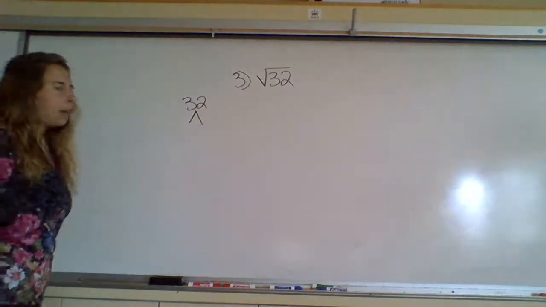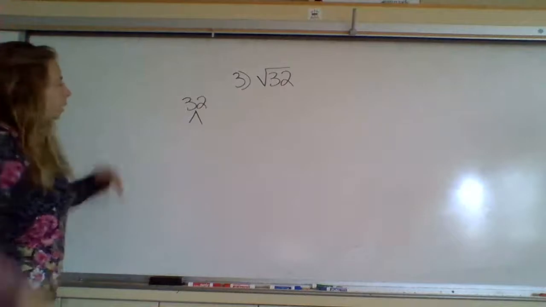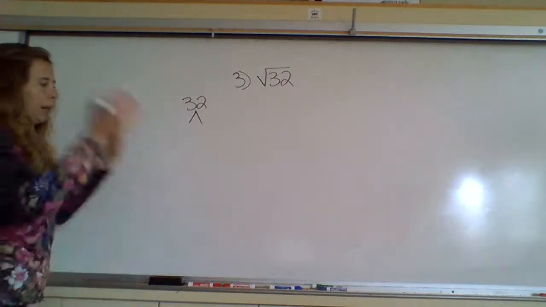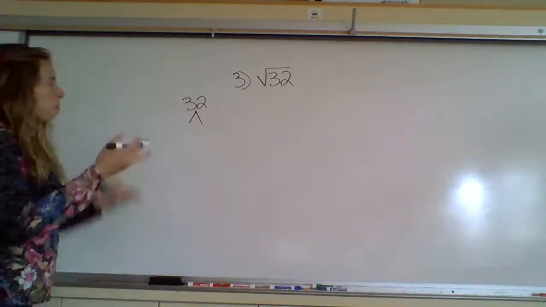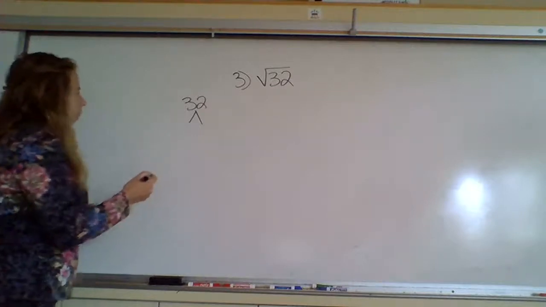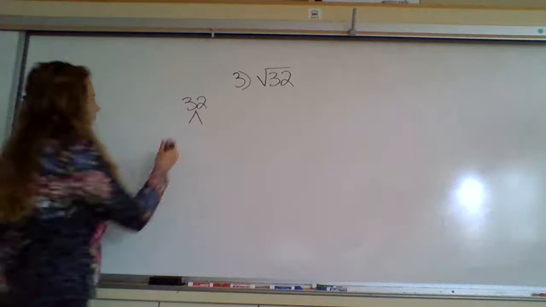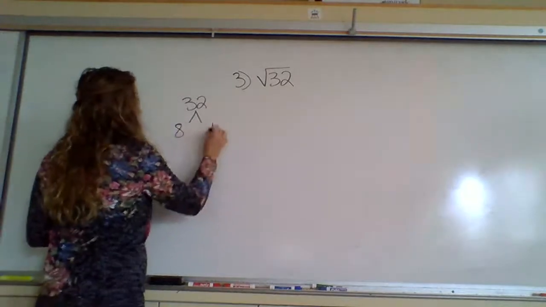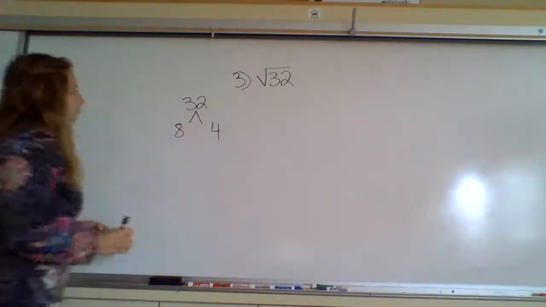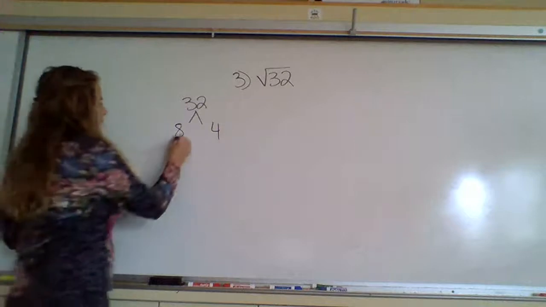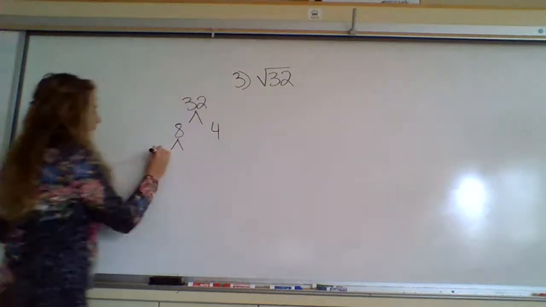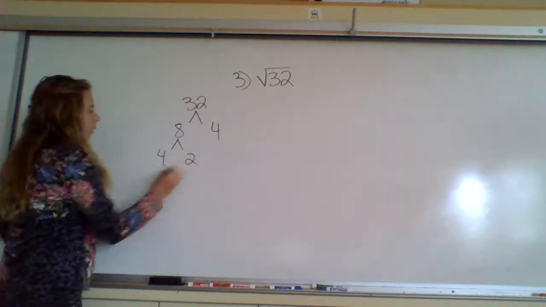So factors of 32. 16 and 2, 8 and 4. Probably most of you are going to go to 8 and 4, so we'll do that. 8 times 4 is 32. Neither of these are prime, so you must keep going. 8 is 4 times 2.